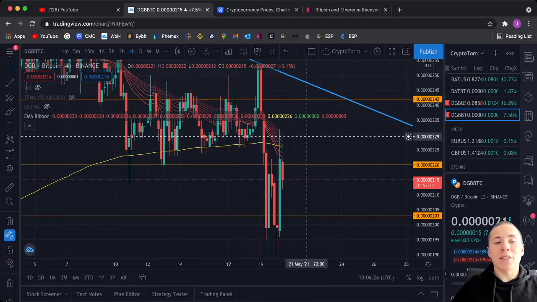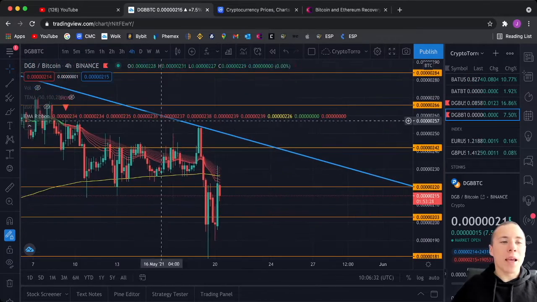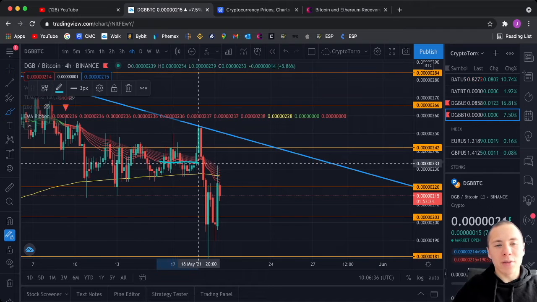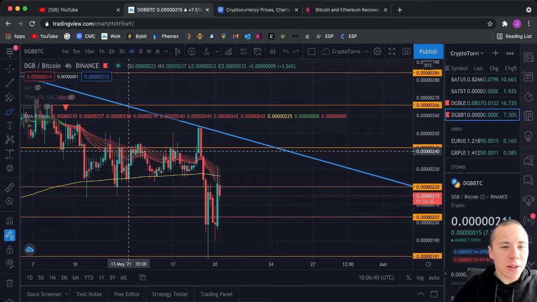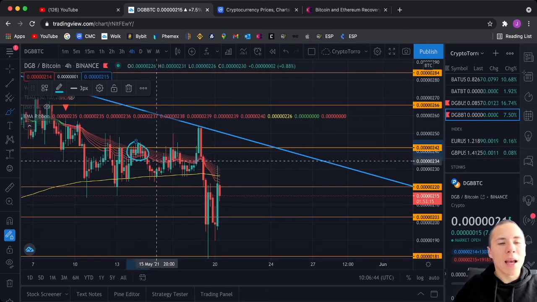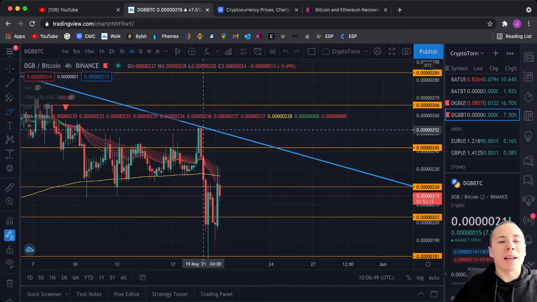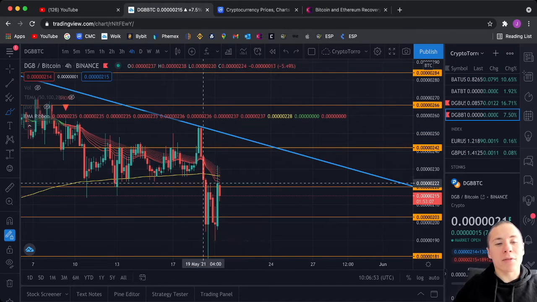What I personally think is very important is that Digibyte heads above the EMA ribbon, because the EMA ribbon right now is providing a huge level of resistance. As you could see before as well, Digibyte found it very, very difficult to get above the EMA ribbon's lines, and when it did so, like all the way here, it immediately went back towards the levels where we are currently trading.